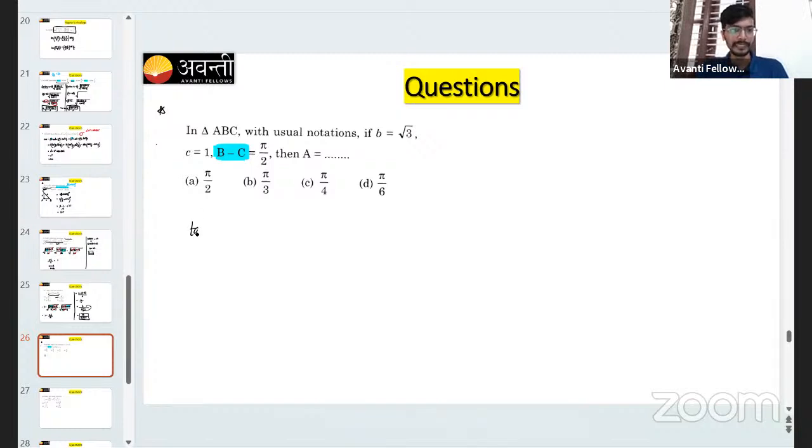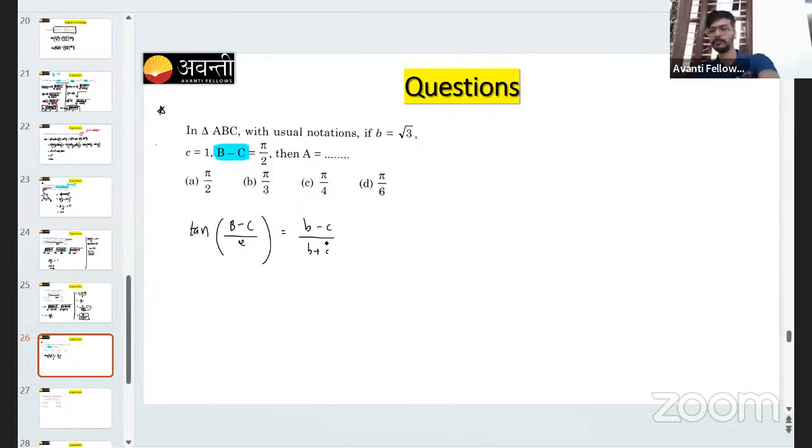It was tan of (B minus C) by 2 is equal to (B minus C) upon (B plus C) into cot A by 2.